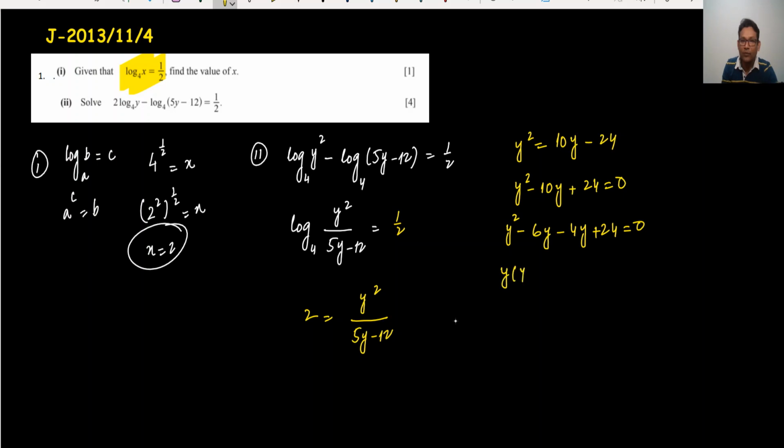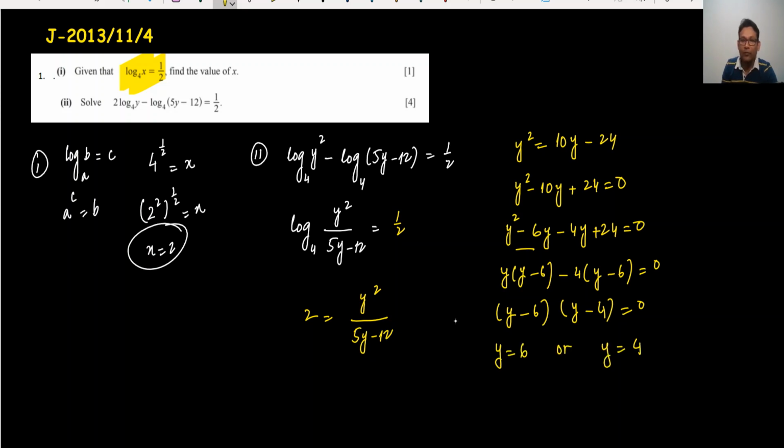Y is common, y minus 6 in the first two terms, and 4 is common, y minus 6. So y minus 6 and y minus 4 equals 0. So y is coming 6 or y is coming 4.